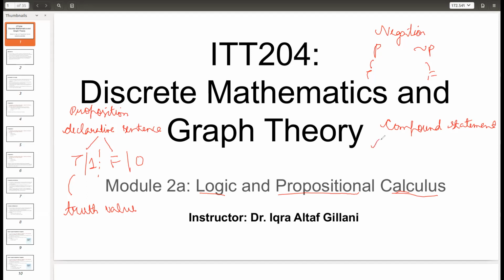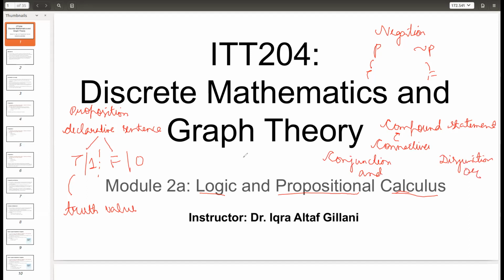The other two connectives that we studied, which are very useful in making your compound statement, were conjunction and disjunction, which are popularly also known as and, or.